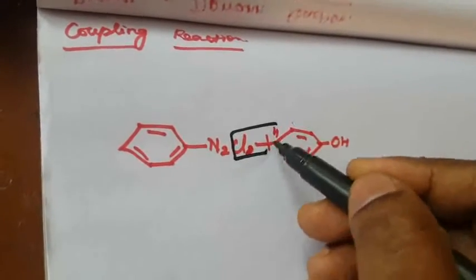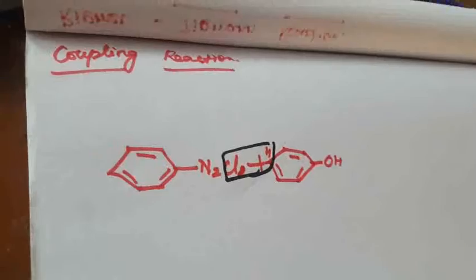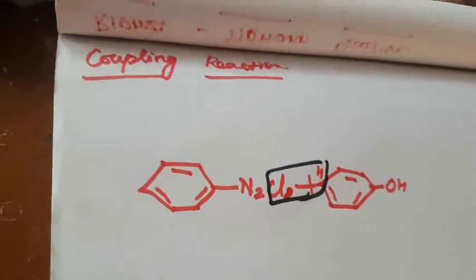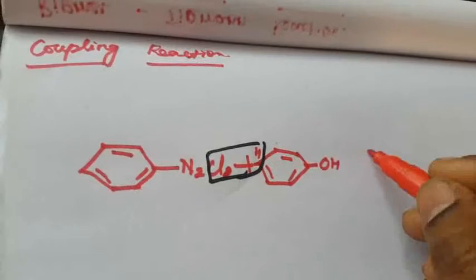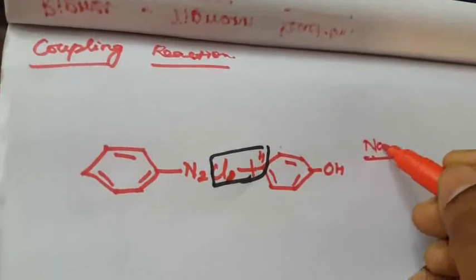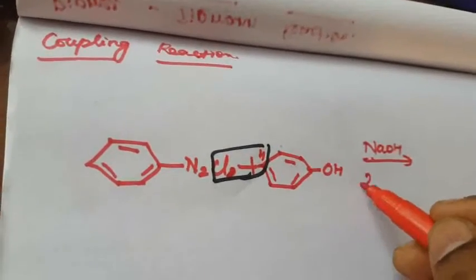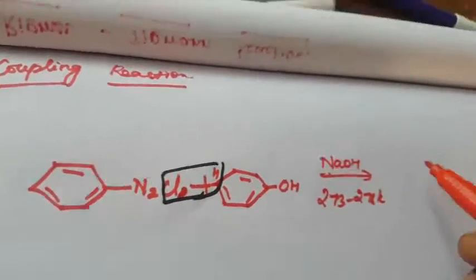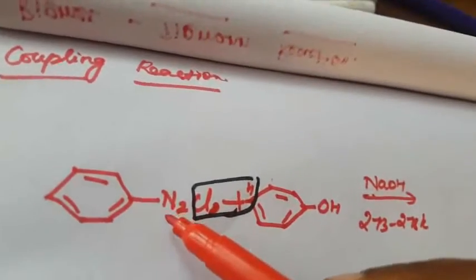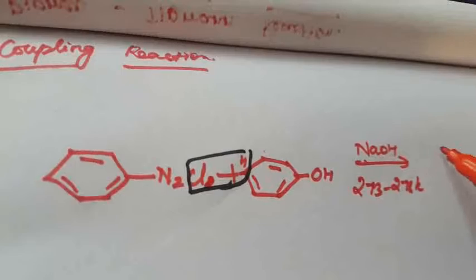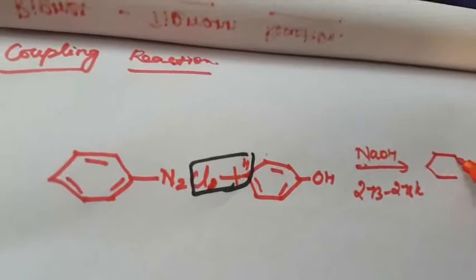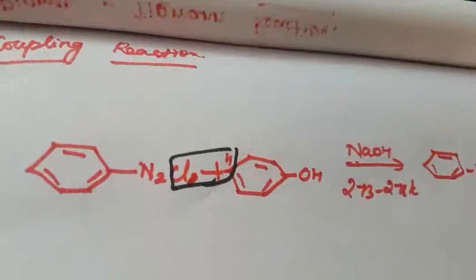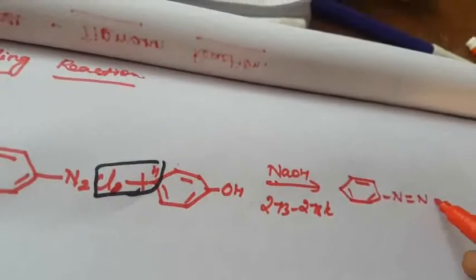Okay, remaining compound as it is you write, in the presence of sodium hydroxide, heated at 273 Kelvin to 278 Kelvin. It is formed in the form of a diazo compound, right? So N double bond N, okay, N double bond N, diazo compound.